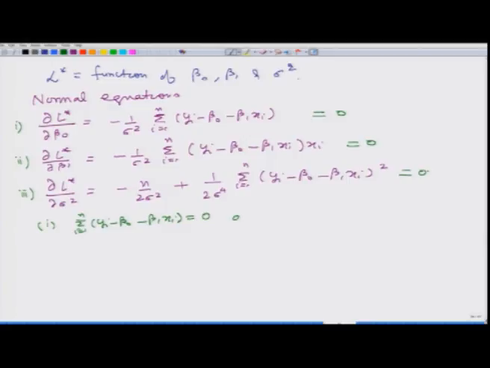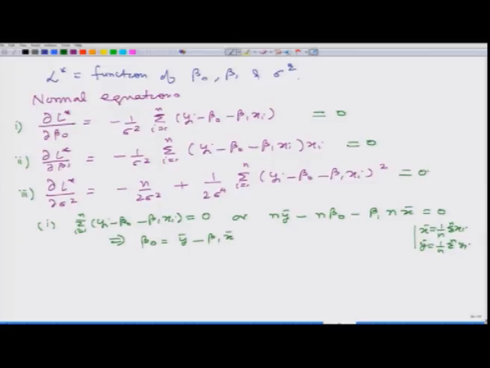And this can be written as n times y bar minus n times beta 0 minus beta 1 times n times x bar, and put it equal to 0, where this x bar is nothing but 1 over n summation x_i, and y bar is 1 over n summation y_i. And now, once I try to solve it, this implies that the value of beta 0 comes out to be y bar minus beta 1 x bar, right.